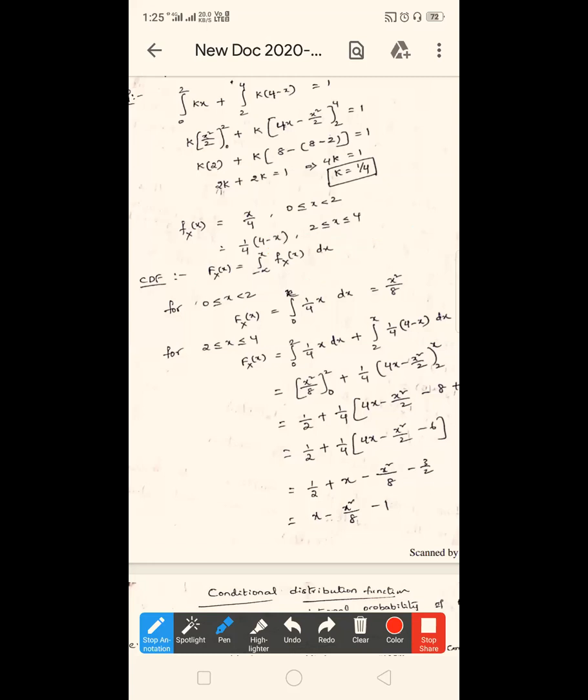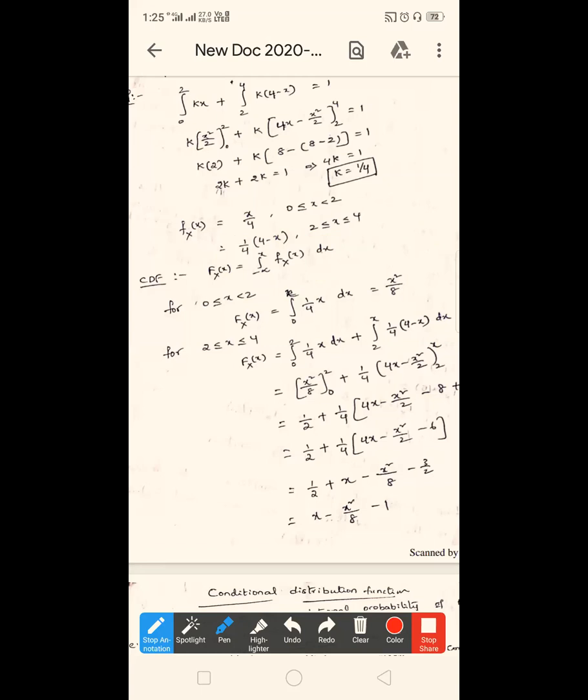Okay, so here again, for the two different ranges you have to calculate the cumulative distribution function, isn't it? For the two different ranges, what are the ranges? From 0 to 2 and from 2 to 4.